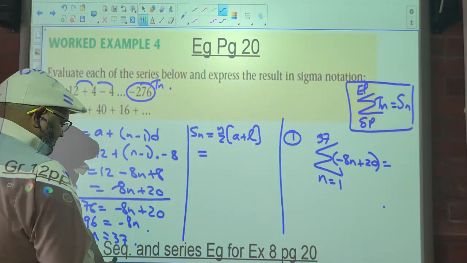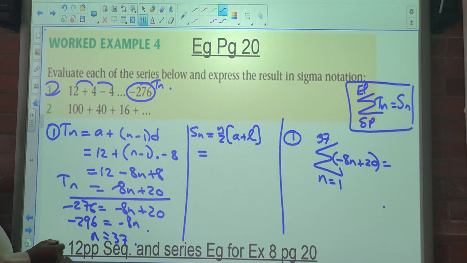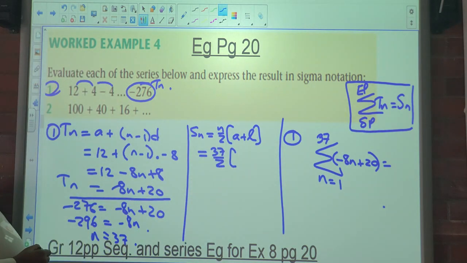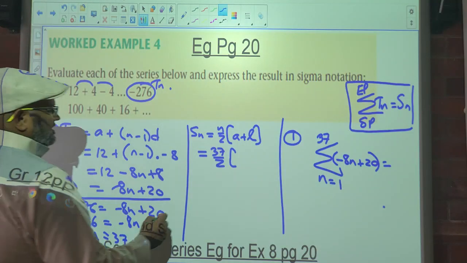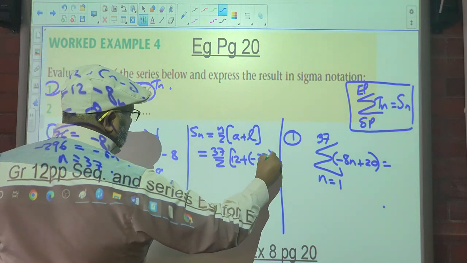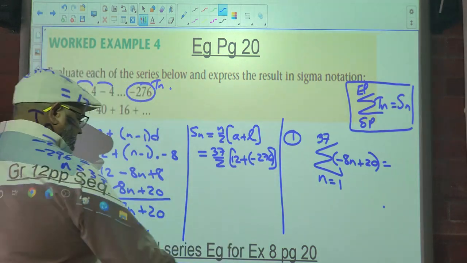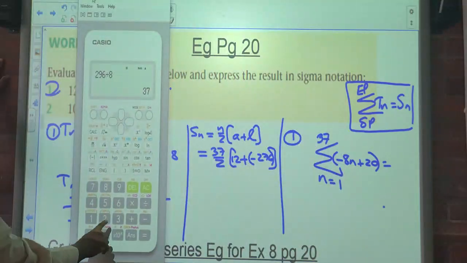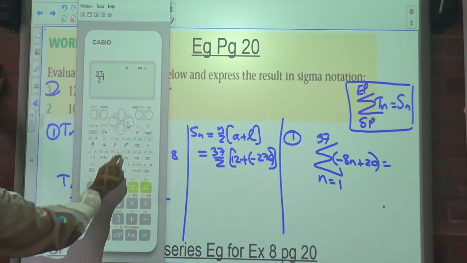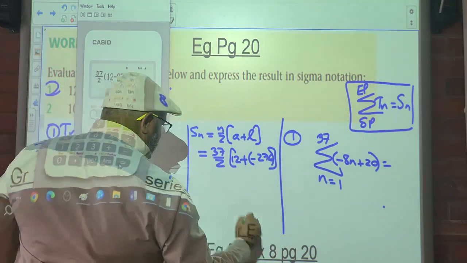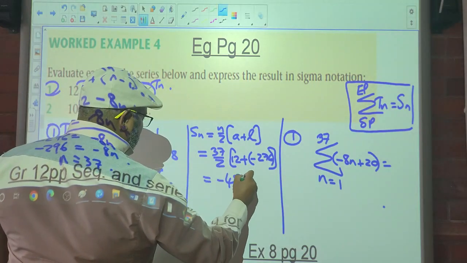So we're going to work out the sum of 37 terms. So it's 37 over 2 into, what's my first term? 12 plus negative 276. So it will give 37 over 2 into 12 minus 276. It's negative 4,884.